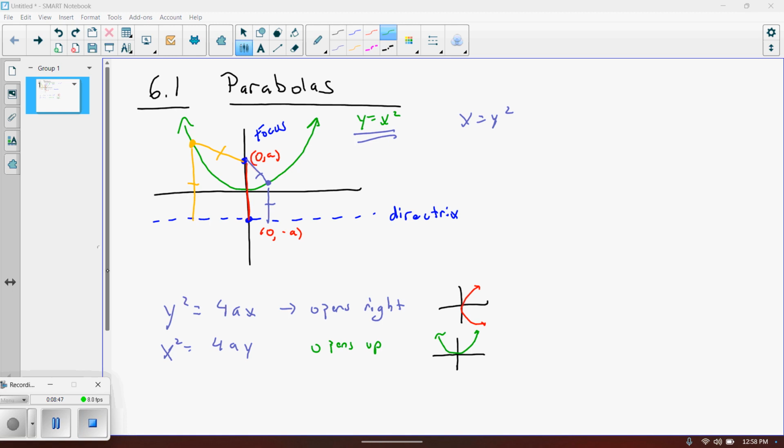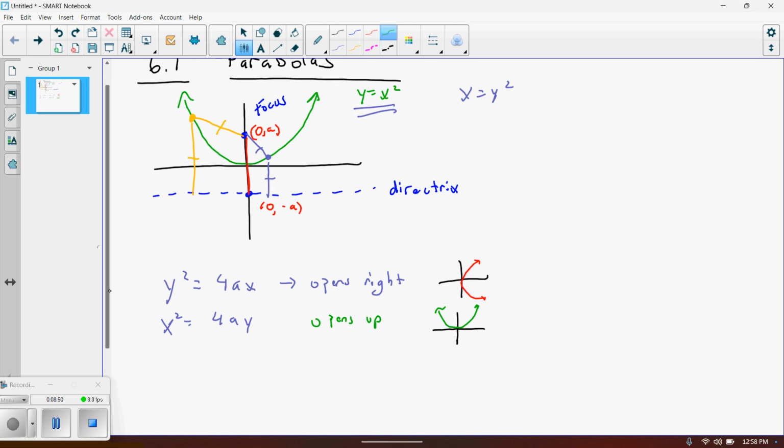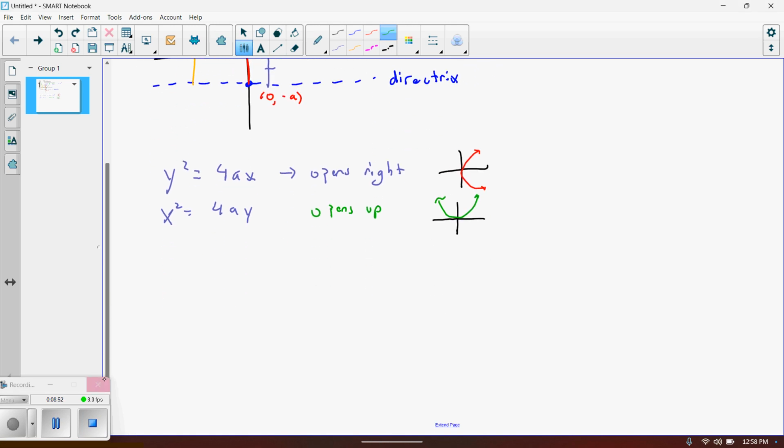And then the last part of the parabola we're going to talk about before we actually get into doing some examples is this thing which is called a latus rectum. I know it's got kind of a funny name to it. And there are more practical applications for this than what we're doing. We're just actually going to use it to help us graph.